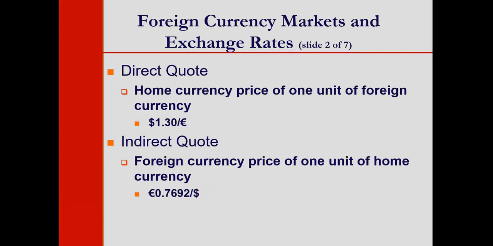Okay, but if we are seeing these rates, let's say we are in Germany, right? For Germany, euro is the home currency, right? So in Germany, the second quote right here, 0.7692 euros per dollar, would be the direct quote, and this one right here would be indirect quote. Okay. Always remember, direct quote and indirect quote are nothing but reciprocal of each other.